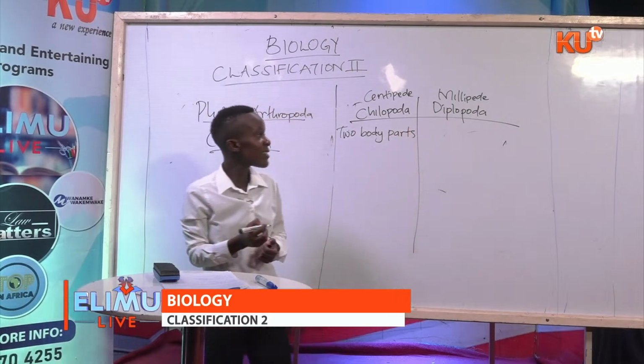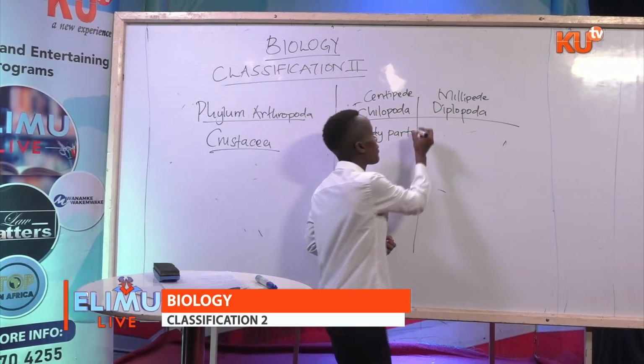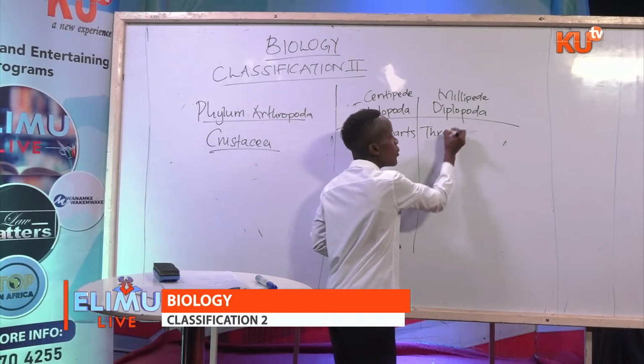And for class Diplopoda, we said they have 3 body parts.